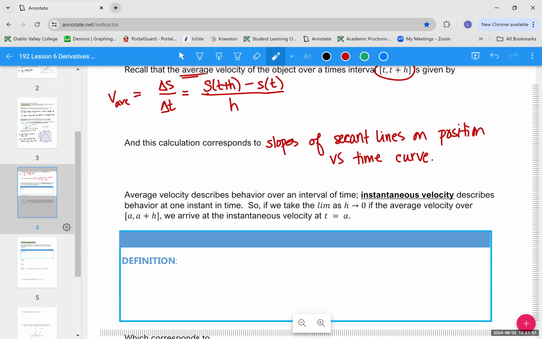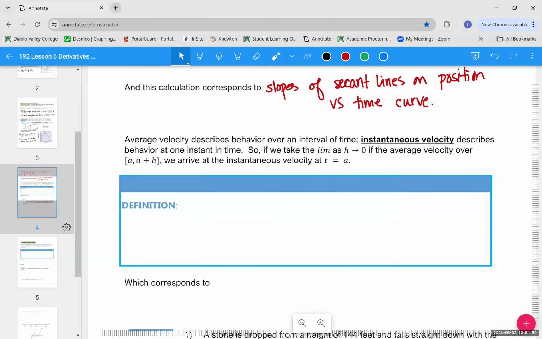We're going to look at this time interval and we're going to try to take the limit of that as h goes to 0. Pretty similar to what we just did. So if we take the limit as h approaches 0, oh, that should say of, not if, of the average velocity over that same interval, then we will arrive at the instantaneous velocity at that one time.